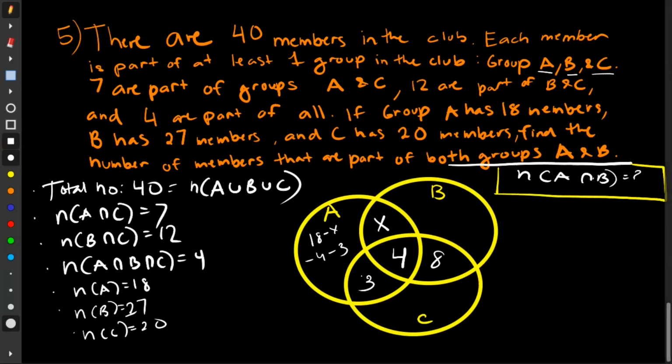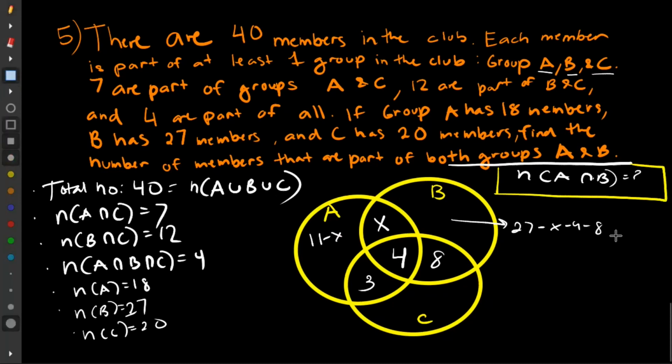And this is simply 11 minus X. We also have this one to be equal to 27 minus X minus 4 minus 8. And that is simply, this will be negative 12, 27. So that would simply be 15 minus X.